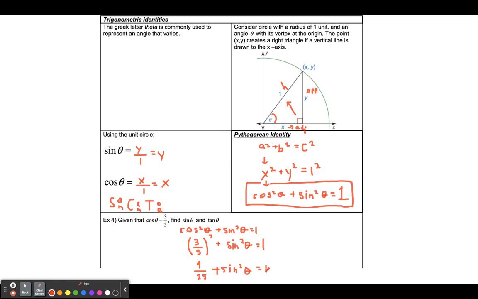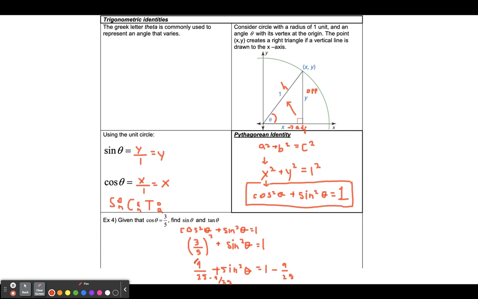is equal to 1. So the first thing that we need to do in order to get sine squared by itself is we need to move over this 9/25. So I'm just going to subtract 9/25 from both sides. Okay, so I'm going to do 1 take away 9/25, and then minus 9 over 25 over here.